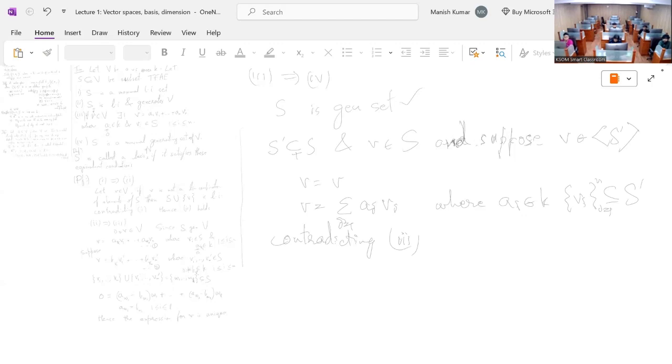You take v in not just S, but S minus S prime, then it will work out. So there are two ways of writing it, this and this, which is a contradiction.